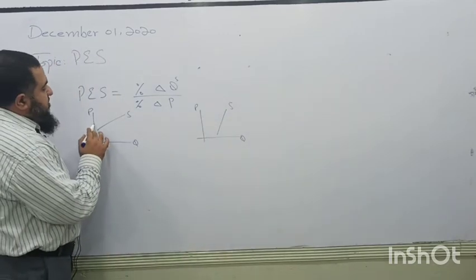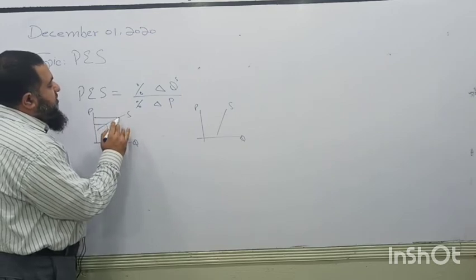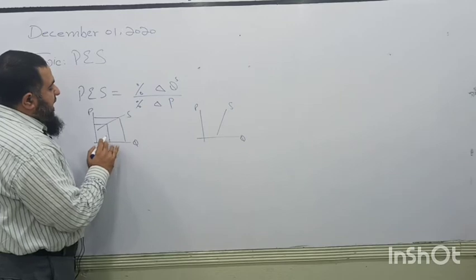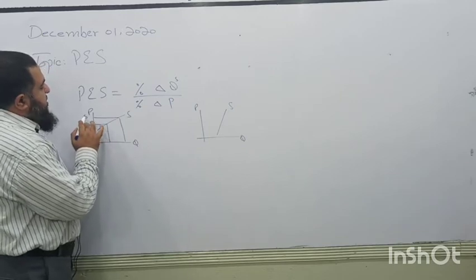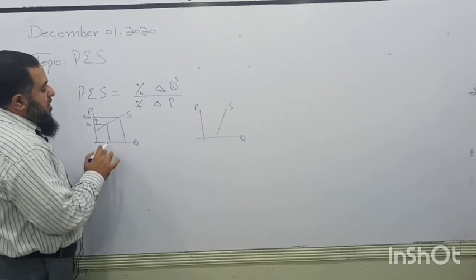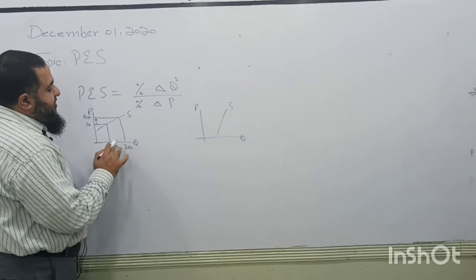We can see when price is changing in this supply curve, what is happening. Here we see price is moving from 50 to 60, but quantity is changing from 200 to 300.